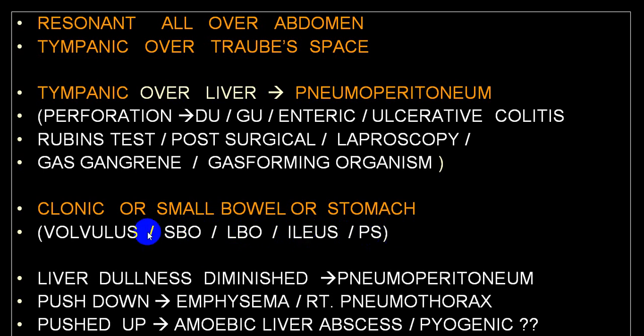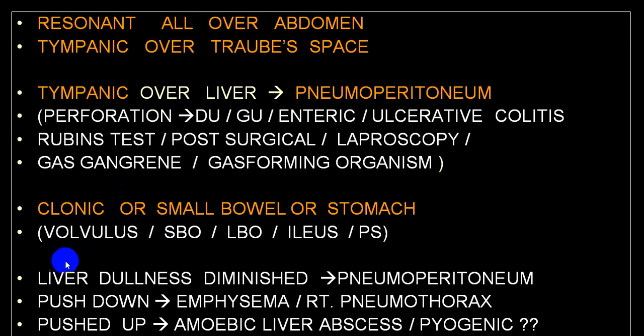Now in this particular condition, because of obstruction, the food content, liquid content, etc. cannot pass further. So you will have a collection of fluid in the stomach or in the small bowel or in the large bowel, and when it is collected in a large quantity in that area, you will have a dullness.